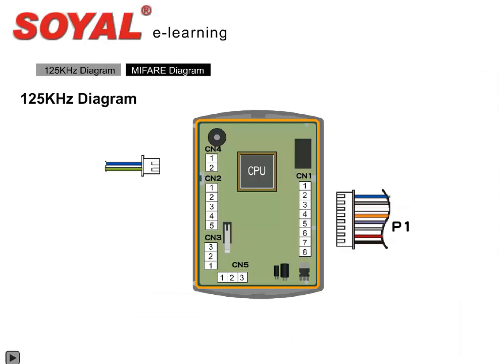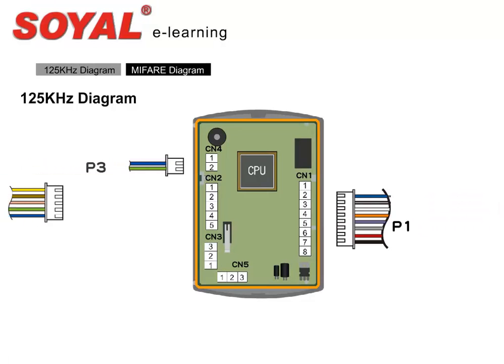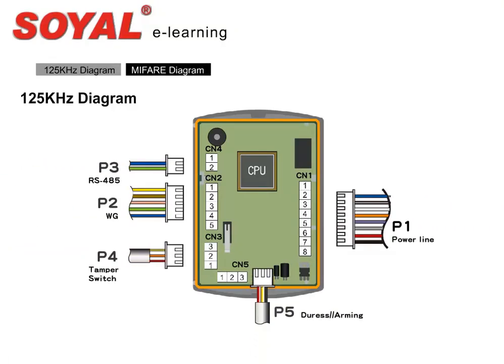Installation diagram. Please notice that different frequencies of the 721H controller have different diagrams. And here you could see the diagram of EM frequency. Here we can notice that the P3 connection of RS485 of EM frequency is on the left side.